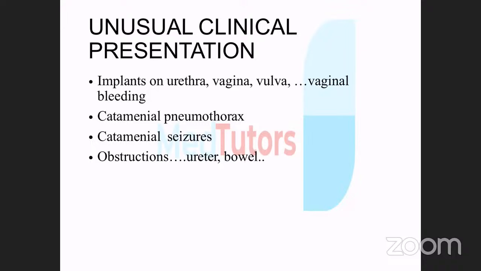Sometimes she only presents to you with a nodule around the umbilicus that bleeds cyclically during menses. They may also come with catamenial pneumothorax or catamenial seizures. And of course, those with severe disease may also present with features of ureteric obstruction or bowel obstruction because of severe adhesions. Next slide.